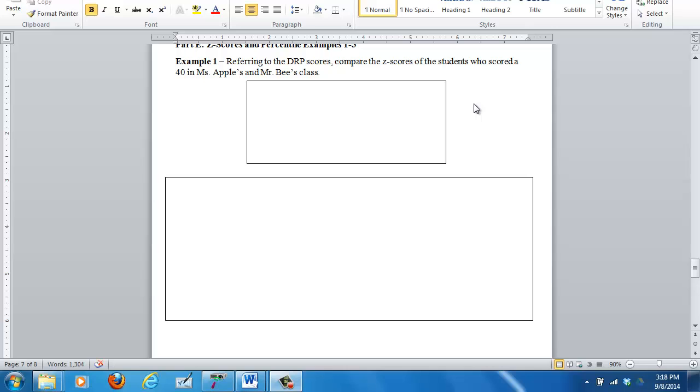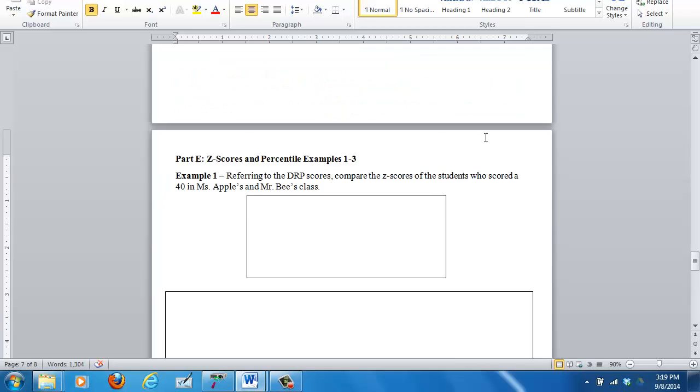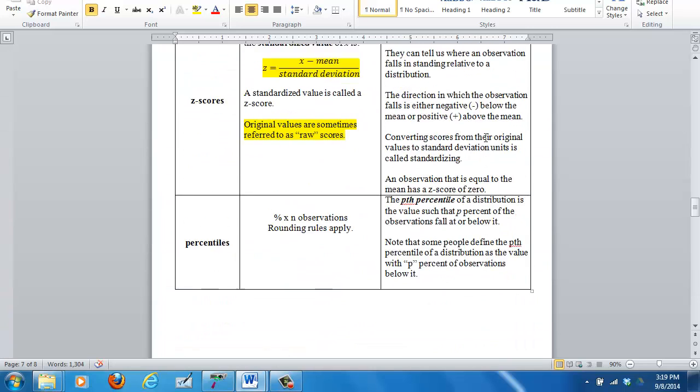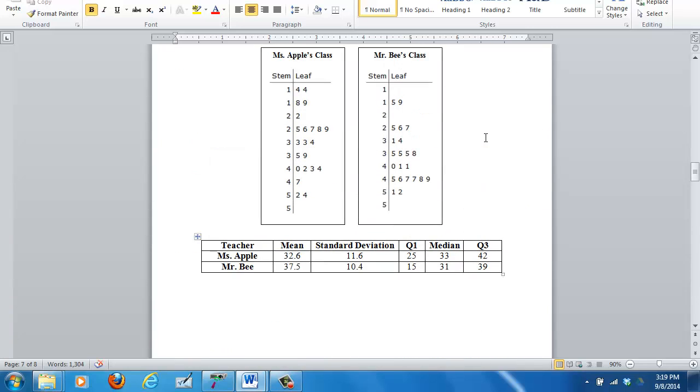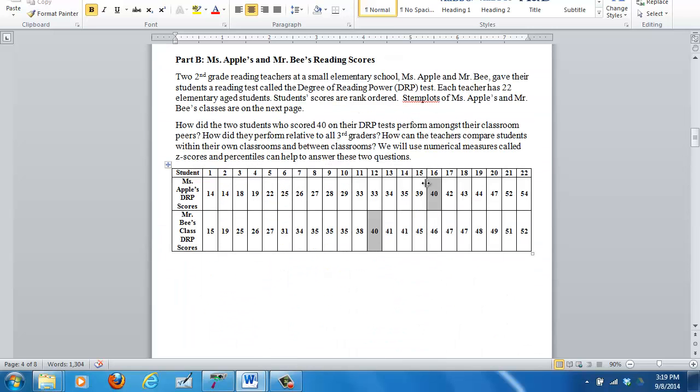All right, let's take a look at example number 1 then. It says, referring to the DRP scores, compare the z-scores of a student who scored a 40 in Miss Apple's and Mr. B's class. Okay, so let's go back and look at the DRP scores and the information that we have. If we're looking at a 40, that student that we had highlighted here, we want to find a z-score related to that particular student.